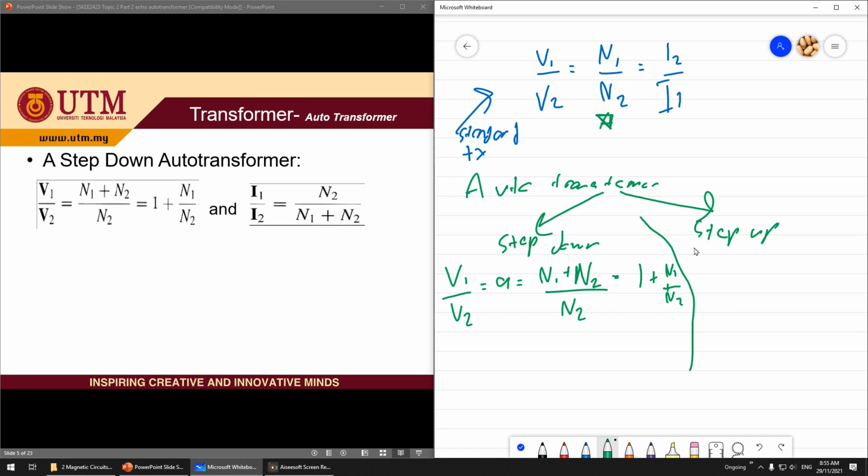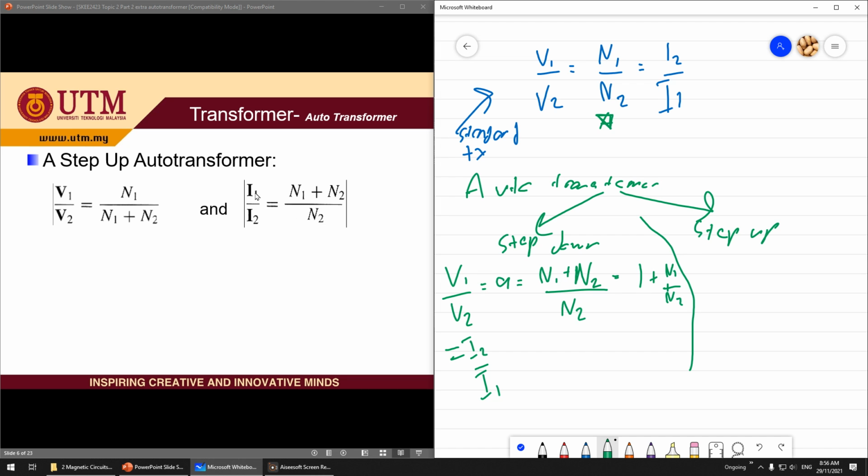How about the current? I1 divided by I2. Of course, it is easier if it just equals I2 divided by I1. So it's easy. But for step up transformer, it is a little bit different.